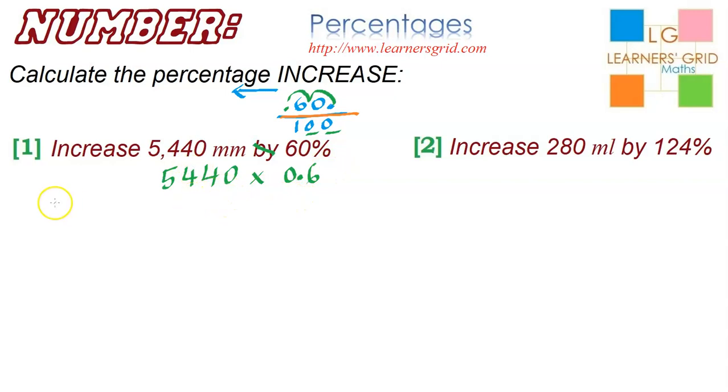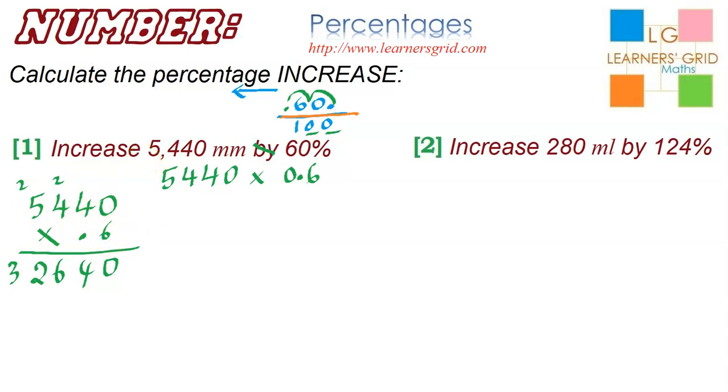So let's do that. 5,440 multiplied by 0.6. 6 times 0 is 0. 6 times 4, 24. 6 times 4, 24, plus 2 is 26, and 6 times 5 is 30, plus 2 is 32. Where does the decimal point go? Well, that depends on how many decimal places there were in the question, and there's only one. So the decimal point goes here. One decimal place in the whole question, so one decimal place in the answer.